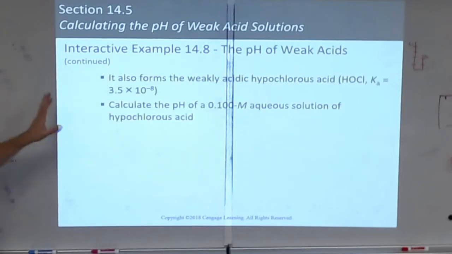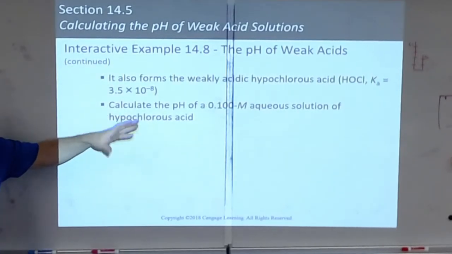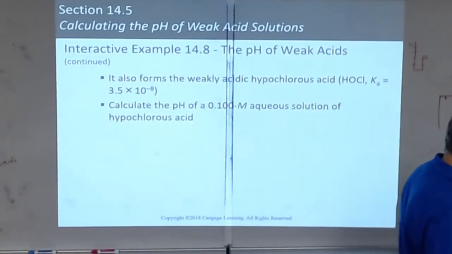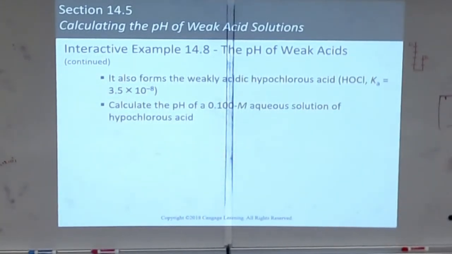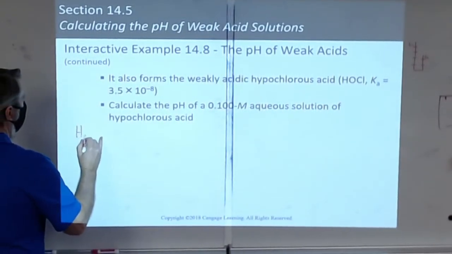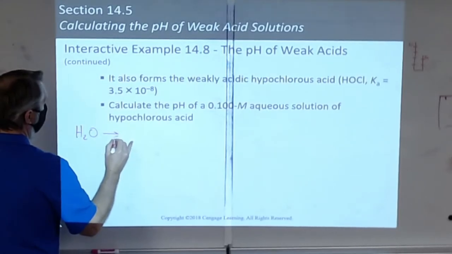So major species in this case. When I take this stuff and I drop it in water, what are the species that are going to be by far in greatest concentration? So from the water, I want to write this. H2O is going to break into H+ and OH-.